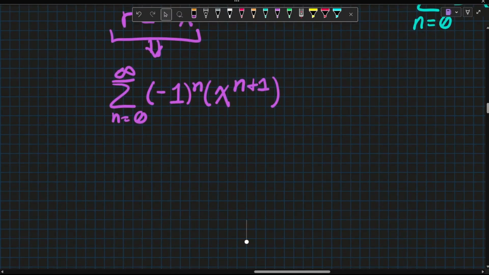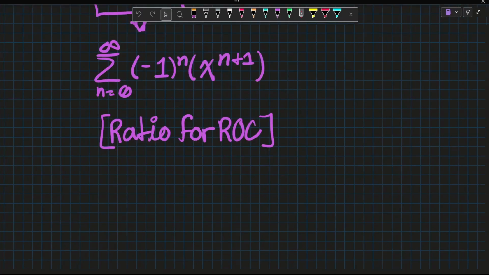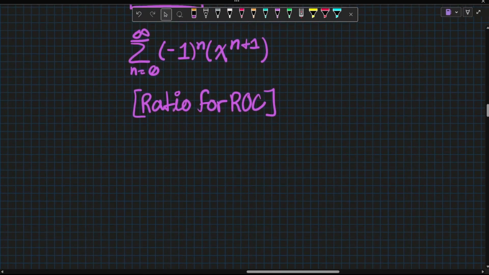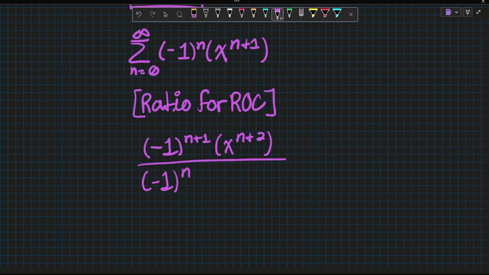Now we need to find the radius of convergence. And you always know to get the radius of convergence, you must do the ratio test. So we'll start by stating we're doing the ratio test for radius of convergence. Then we get negative 1 to the n plus 1 times x to the n plus 2 over negative 1 to the n times x to the n plus 1.